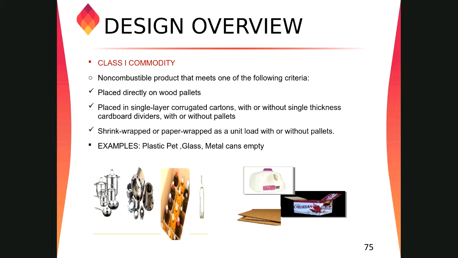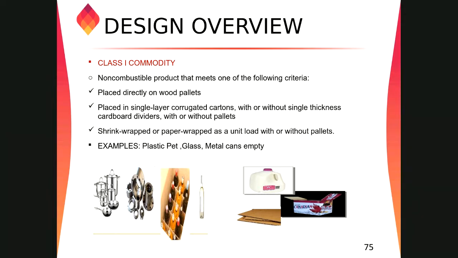Okay, so now we come to the class 1 commodities. What are the examples for class 1 commodities? Class 1 commodities are non-combustible product, but stored in a package. The packaging might be wood crates, plastic wrapping, or some carton. So only the packaging item is combustible.